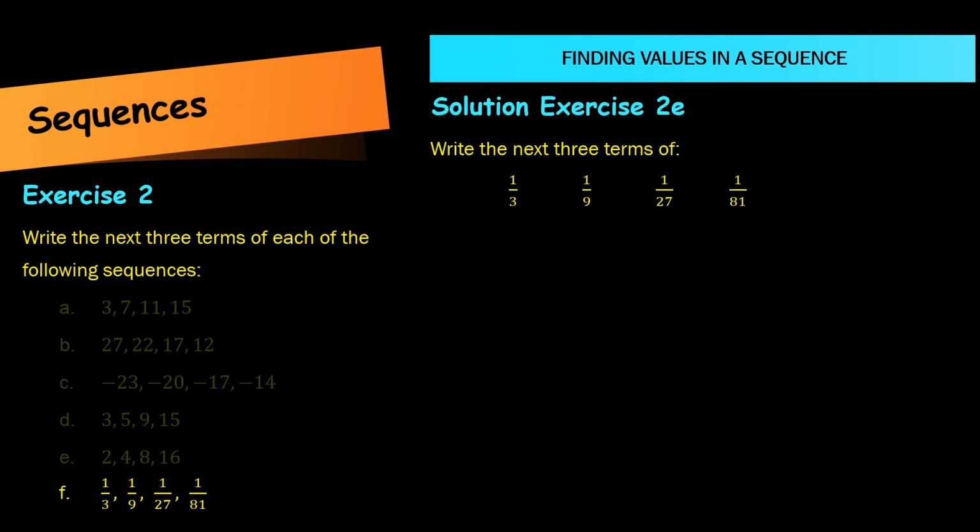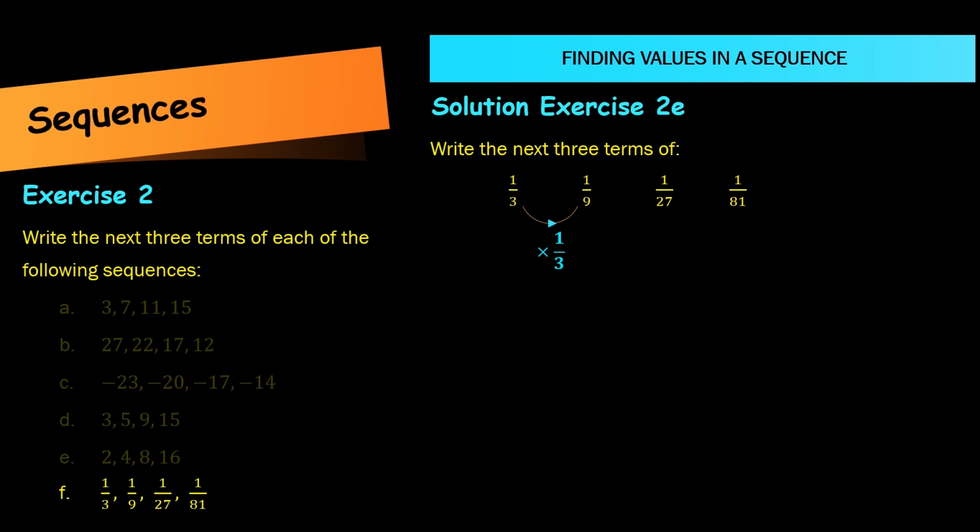We are required to write the next three terms of a third, a ninth, a 27th, and 1 over 81. You may have immediately been able to spot that the denominator seems to be multiplied by 3 each time. So we start with 3, and then we have 3 squared, which is 9, and then 3 cubed, which is 27, and then 3 to the power 4, which is 81.